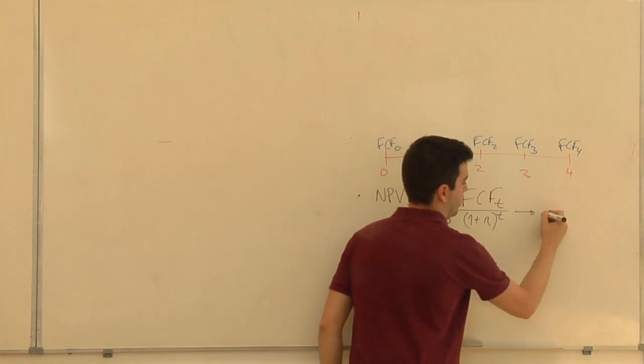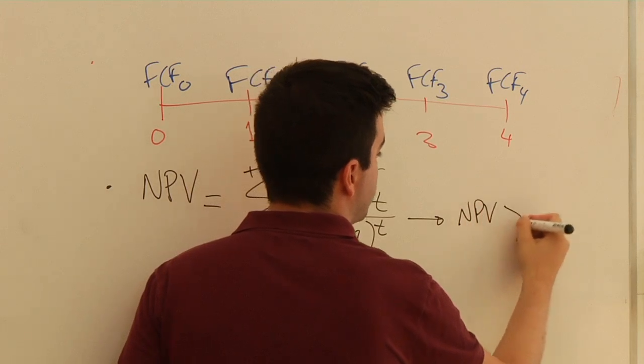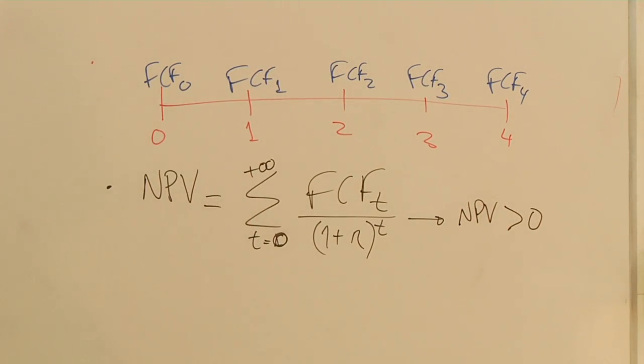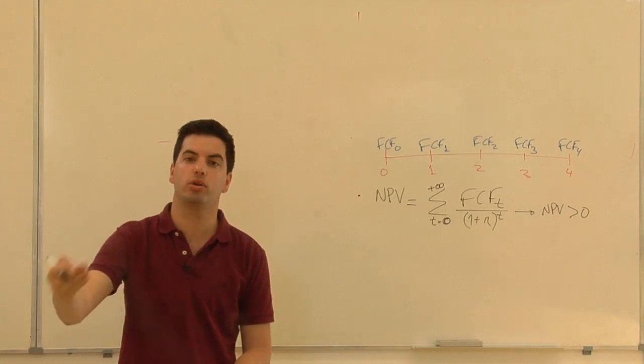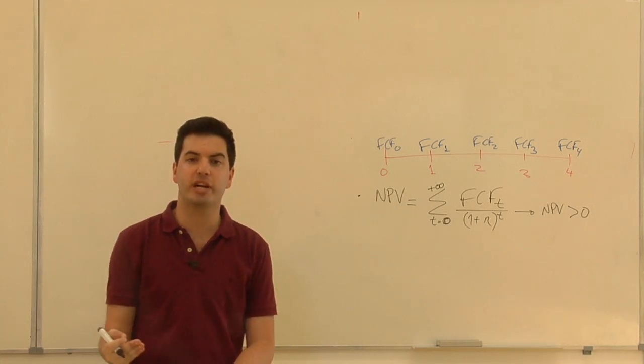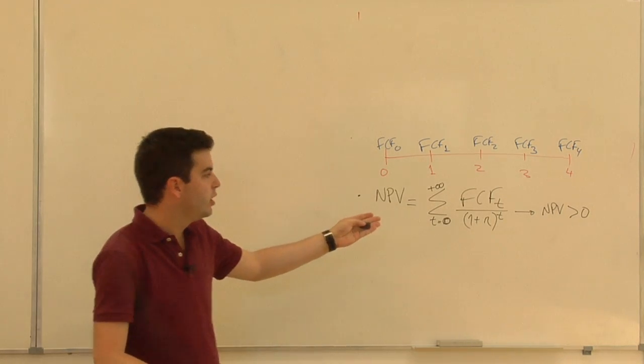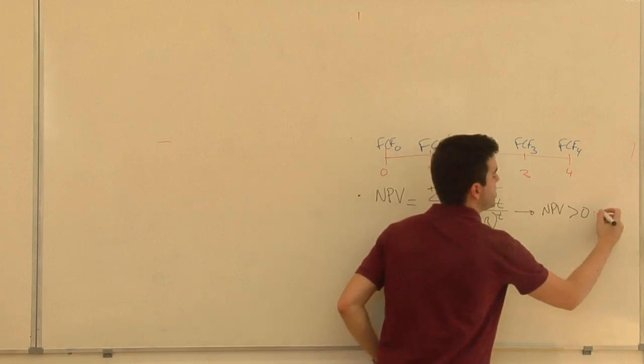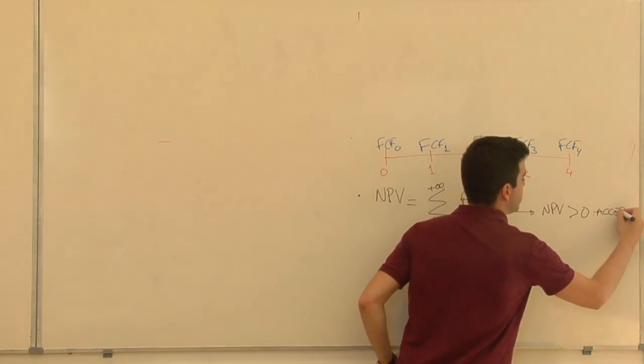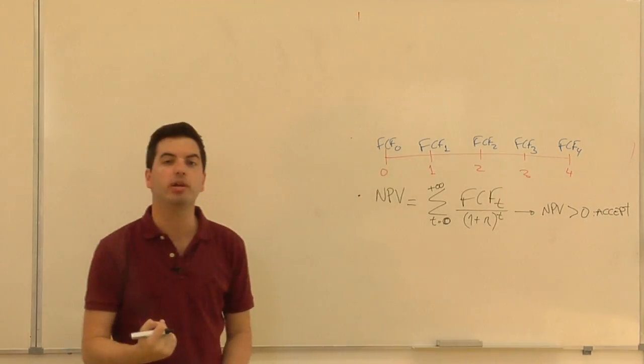If the NPV is larger than 0, so if the NPV is positive, we accept the project. It is creating value on top of the initial investment. So this is the scenario that we desire: accepting the project, having a positive NPV.